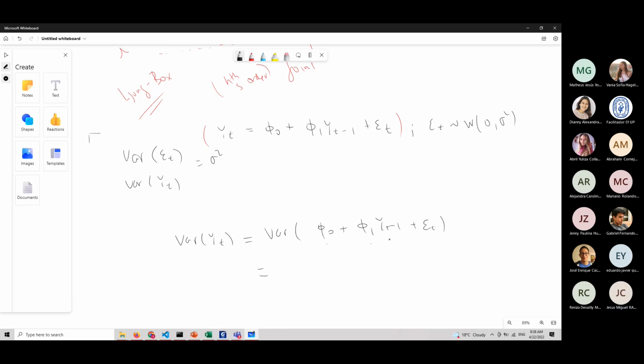The variance of phi 1 times yt minus 1 is the square of the coefficient times the variance of yt minus 1, plus variance of epsilon t, plus the double product, the covariance between these terms. The covariance involving the constant is 0, so we take it out. That is the variance of yt.